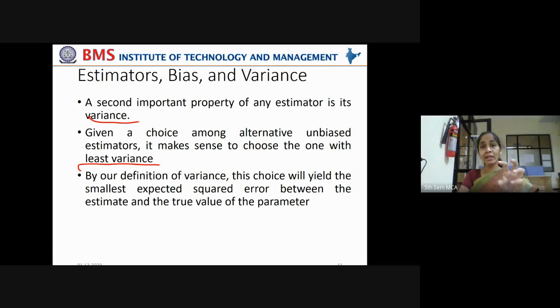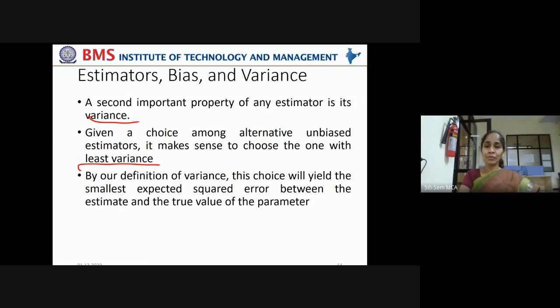You choose the estimator with the least variance, meaning the estimate should be very stable so that it gives a good estimate of the sample as well as the true error. The variance in the estimate should be very small. There should not be instability in the estimation. The estimation should be highly stable. You select such estimations only. So we have to see that it has the least variance. Given 2-3 estimators, it is common sense to choose the one with the least variance, the more stable estimator.